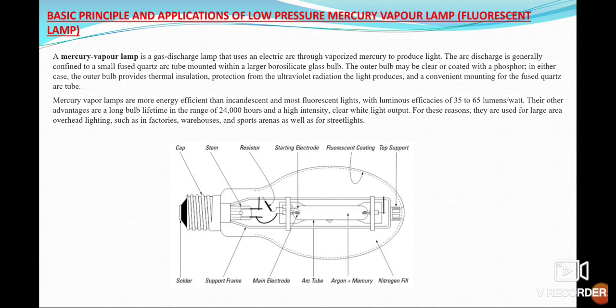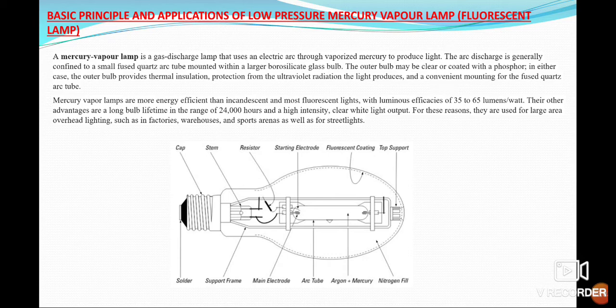Next is the basic application and principle of low pressure mercury vapor lamp. These types of lamps are basically called the fluorescent lamps. So a mercury vapor lamp is basically a gas discharge lamp that uses electric arc through vaporized mercury to produce light. So the arc discharge is generally confined to a small fused quartz arc tube mounted within a larger borosilicate bulb.